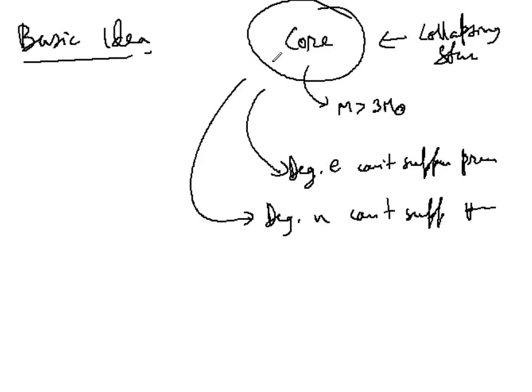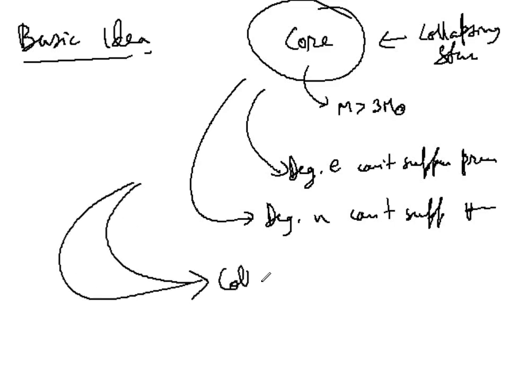There is no force which remains to stop it from collapsing. And where should it collapse? Collapse to zero radius. As the object collapses, its density and the strength of the surface gravity increase. And what we are looking into is collapse to zero radius.